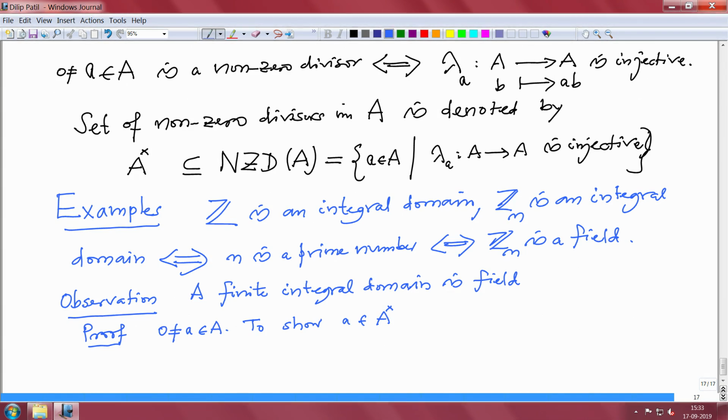To show this, I have to look for b in A with ab equal to 1, where b is the same on both sides because we are in the commutative case. So how do you look for b? Look at the multiplication map by a. It is a map from A to A, and because A is an integral domain, every non-zero element is a non-zero divisor, therefore this lambda map is injective.